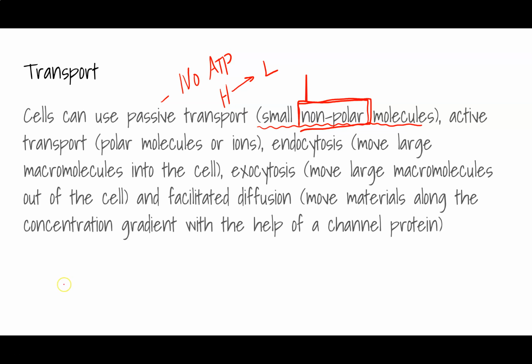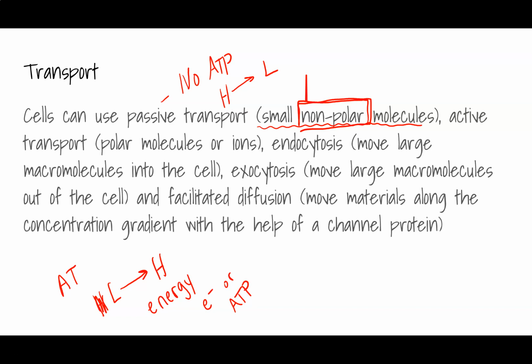Active transport, in case you forgot, active transport is low to high, and here you need some sort of energy. And the energy can either come from, which we're going to find out in Unit 3, electrons, or it can come from ATP. So either electrons or ATP. That's your basic, keeping it simple, active transport.